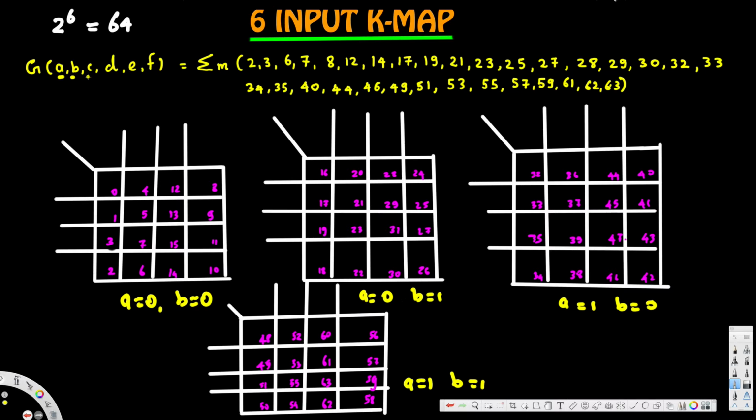Now the part that's left is C, D, E, F. So we put C, D here, E, F here, and the same on each table.